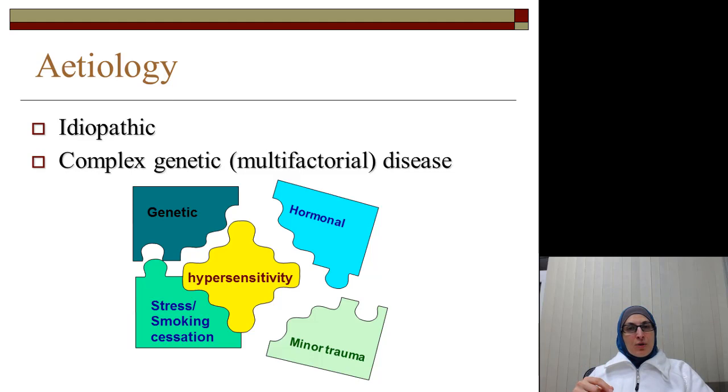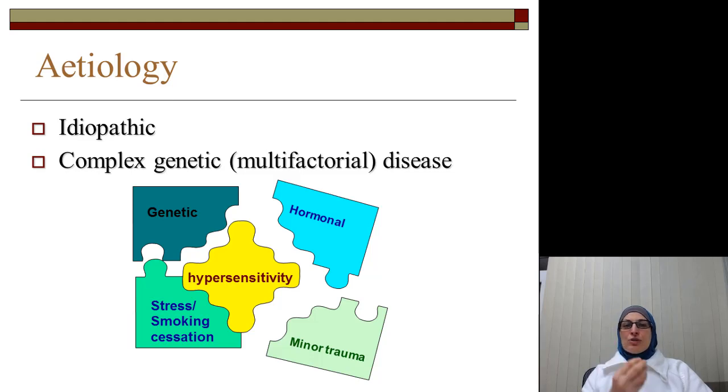Minor trauma. So many patients with recurrent aphthous ulcers, they report that when they go to the dentist to do, for example, scaling or just a minimal filling, they tend to have massive ulcerations all over their mouth. This doesn't mean that the dentist didn't do his job properly or traumatize the patient. He did not.